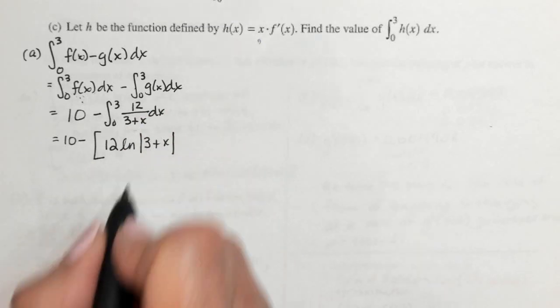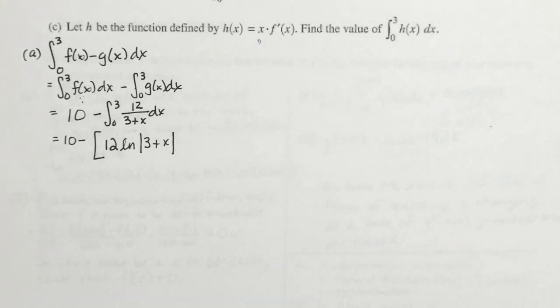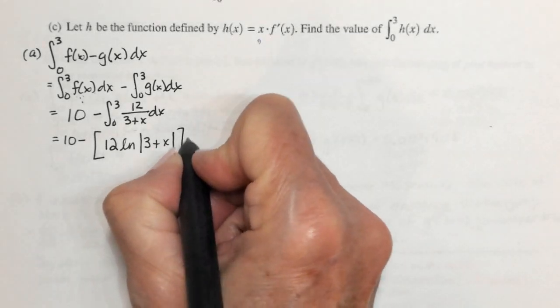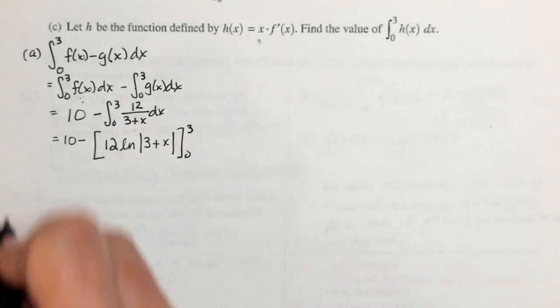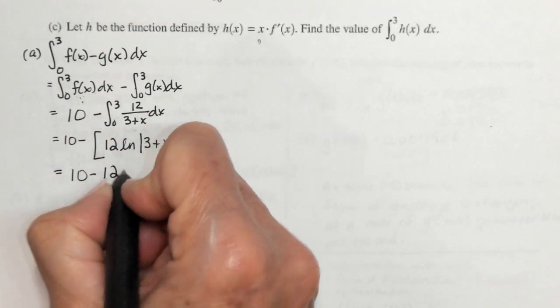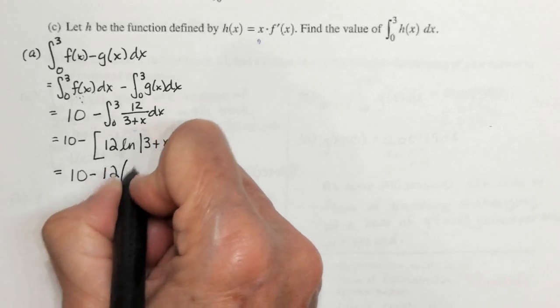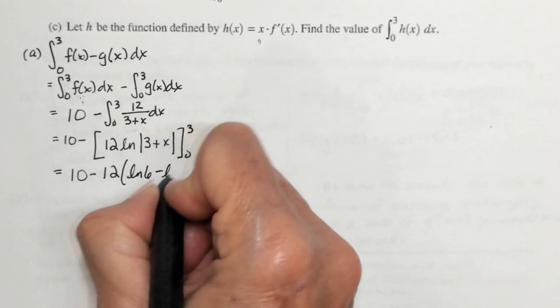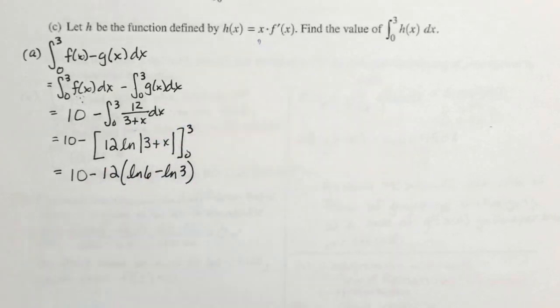If the derivative of the denominator was anything other than 1, you would have to divide by that. That's what you would get if you u-subbed. From 0 to 3, so this is 10 minus 12 times ln of 6 minus ln of 3. And I'm going to say stop right there.